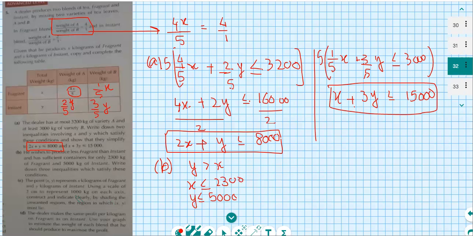In part C, we have to plot these inequalities on a Cartesian plane and then shade the region for these inequalities.